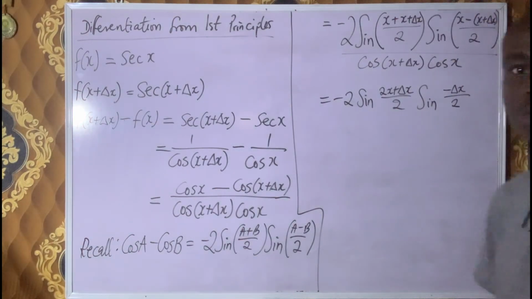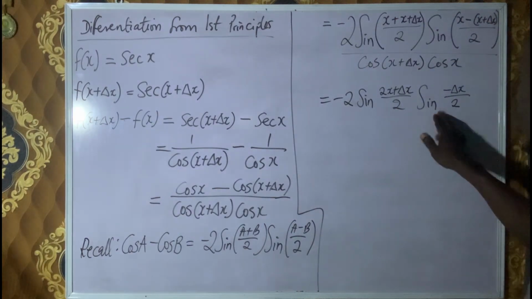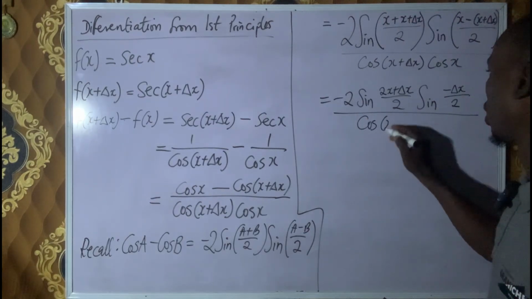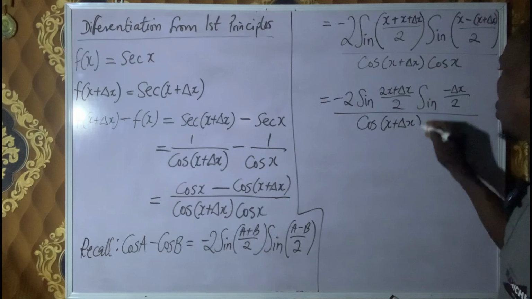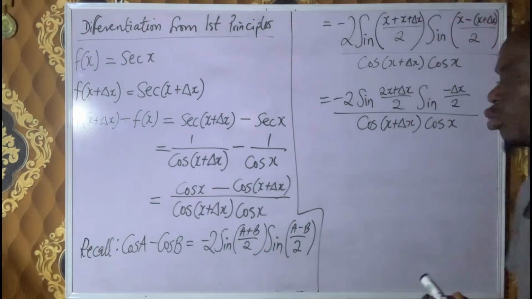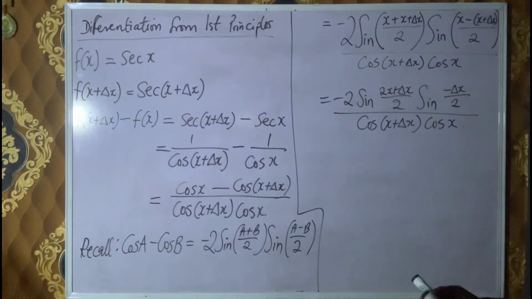Okay. So what you need to do now is to make this one a special limit. Before then, our denominator is cos of x plus delta x times cos x. So make this a special limit.